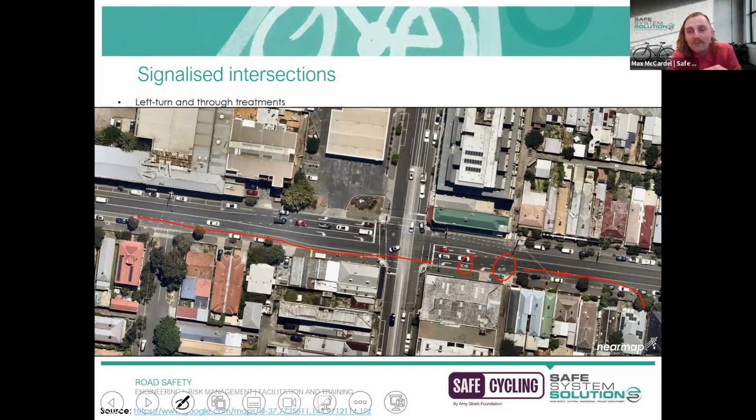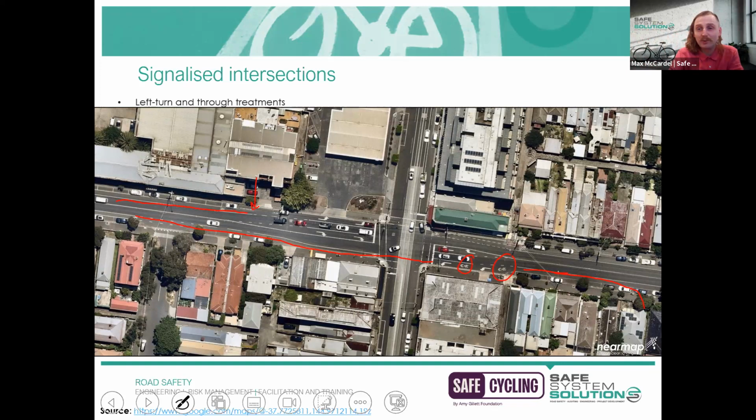My ride home from work, however, similar story to start with, riding in a bicycle lane adjacent to the Dooring Zone. As I approach the intersection, so I'm at this point here, nothing. So that's an example of where the provision for cyclists has just completely disappeared and it becomes a free-for-all.